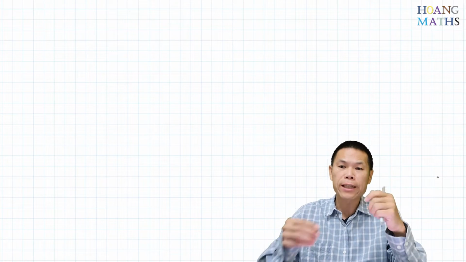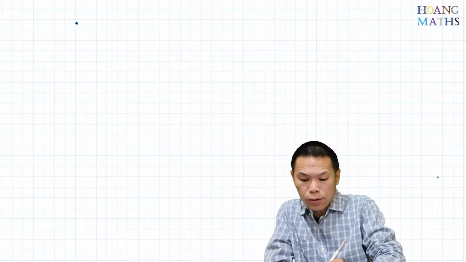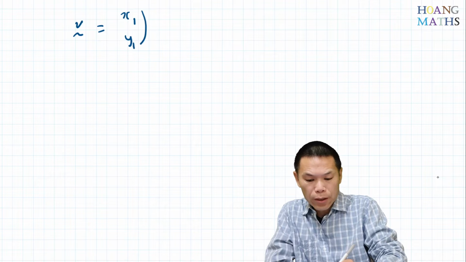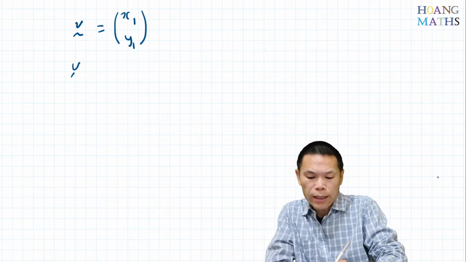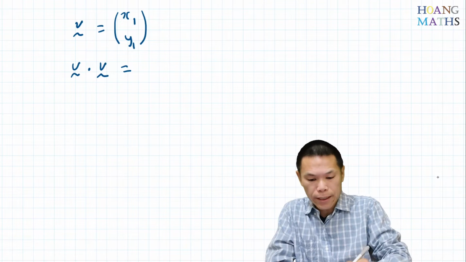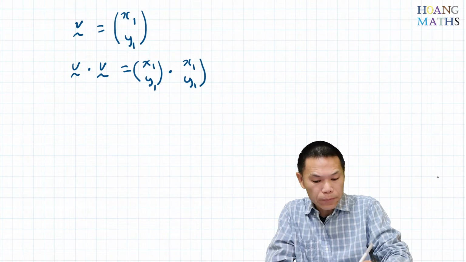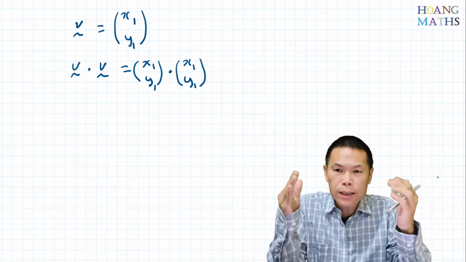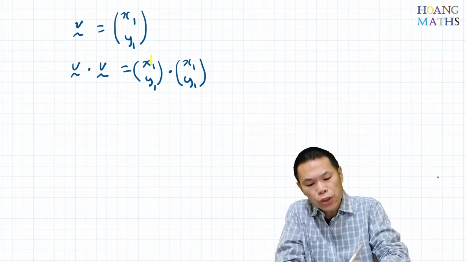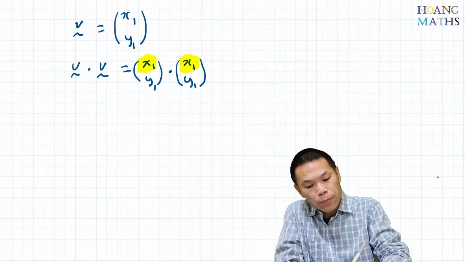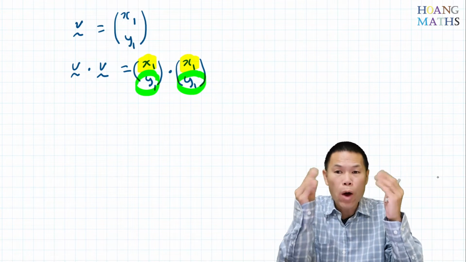So let's say we have a vector v, which is equal to x1, y1. If we have a dot product with itself, that is v dot v. This means x1, y1 dot x1, y1. To find the dot product, we just multiply the x components together, and then we add the multiplication of the y components.